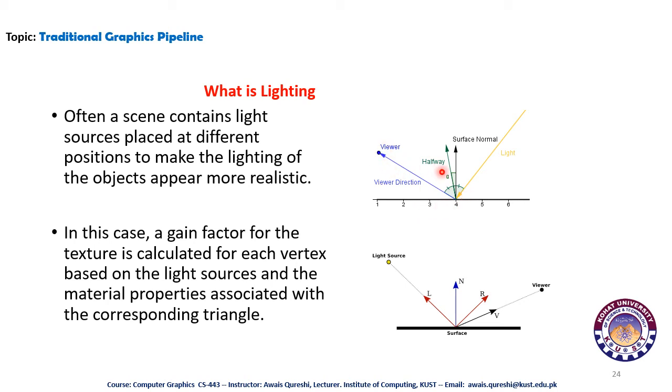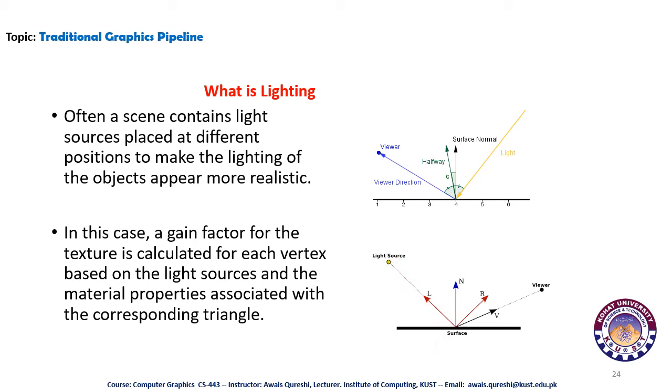And the viewer makes an angle also. So the human eye is capable of capturing this reflected light. In this case, a gain factor for the texture is calculated for each vertex based on the light sources and the material properties associated with the corresponding triangle.